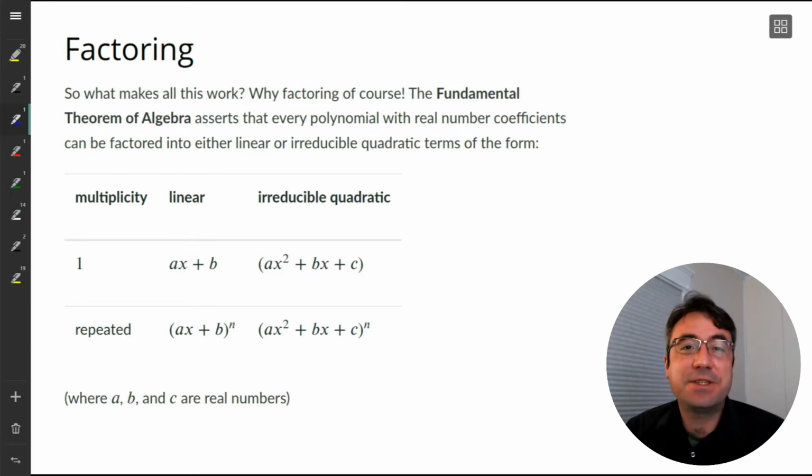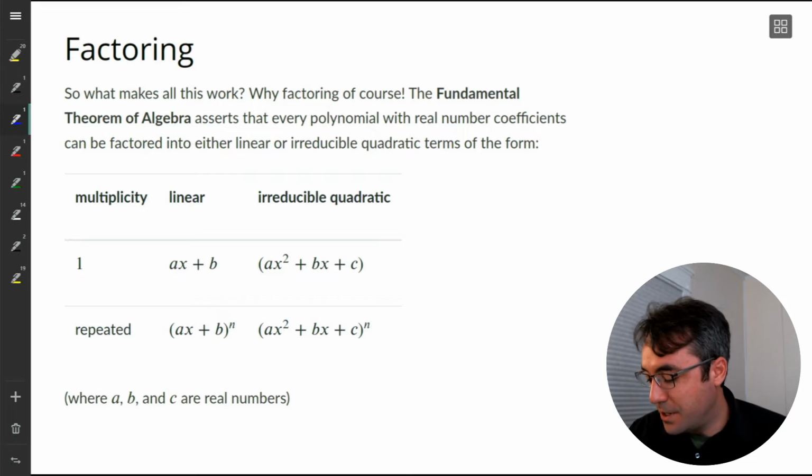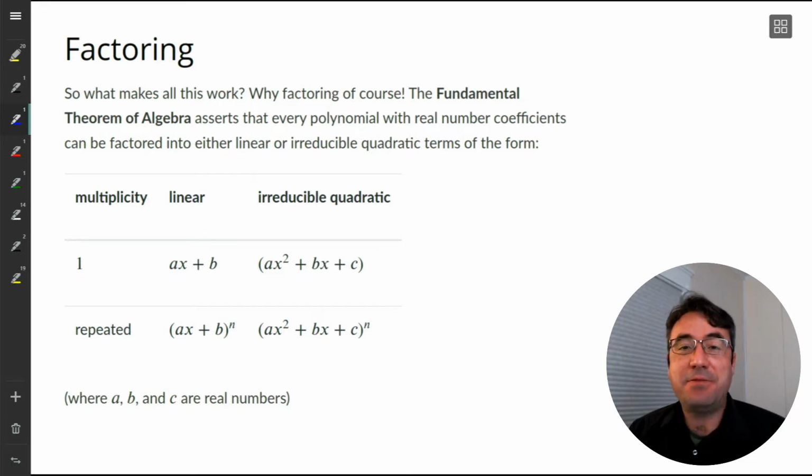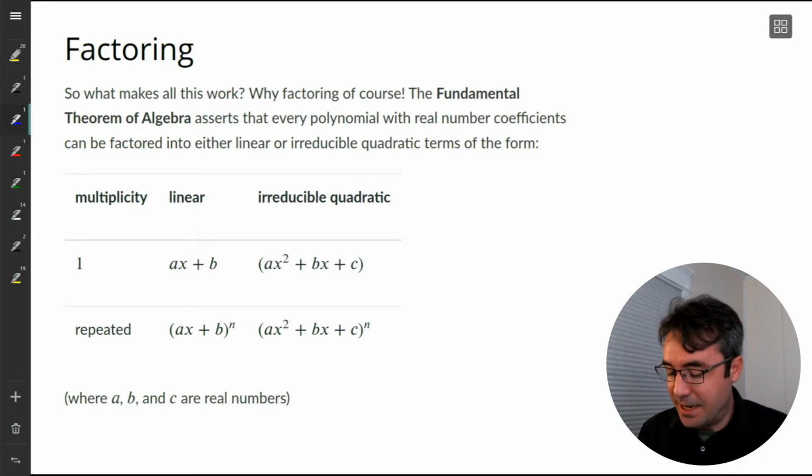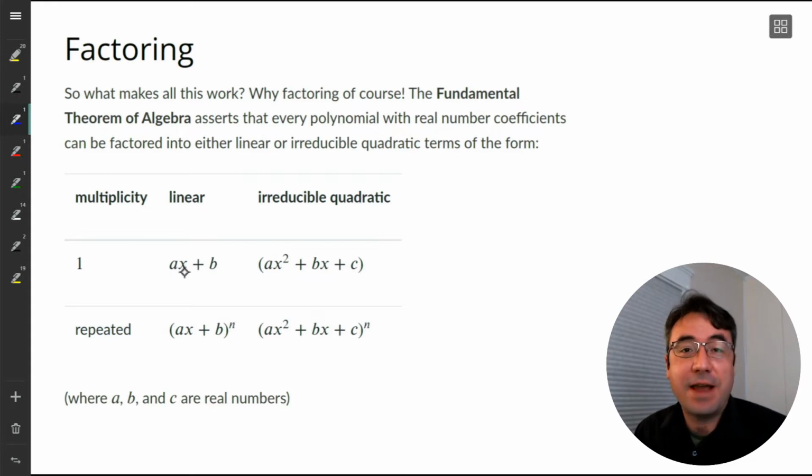And it basically asserts that every polynomial with real number coefficients can be factored into either linear terms or irreducible quadratic terms. So this is really the behind the scenes of why partial fractions is working: every polynomial with real number coefficients can be factored into linear terms, maybe repeated linear terms, irreducible quadratics, or maybe repeated irreducible quadratics.